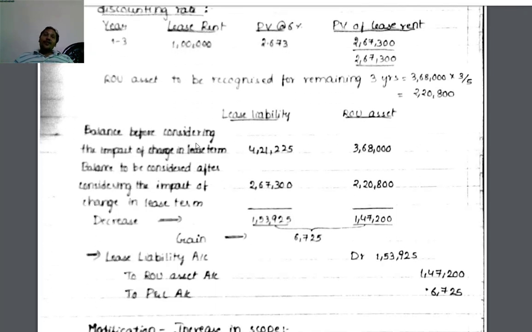So balance before considering the impact of change in lease term, 4,21,225. Now balance to be considered after considering the impact of change in lease term, whatever we are at, 2,67,300.